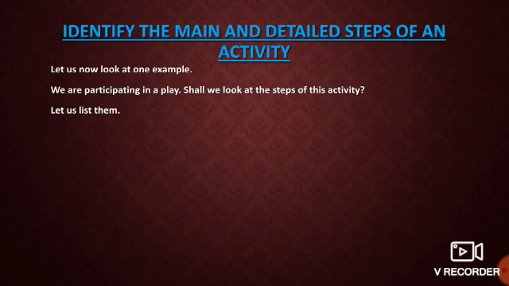You think first and then do the activity, which comes under stepwise thinking. All activities must follow the order, then only we will get the work done easily. Here we are going to see how to identify main and detailed steps of an activity.